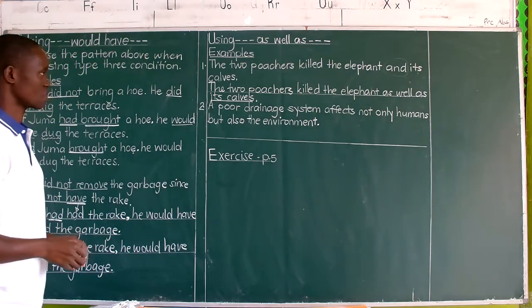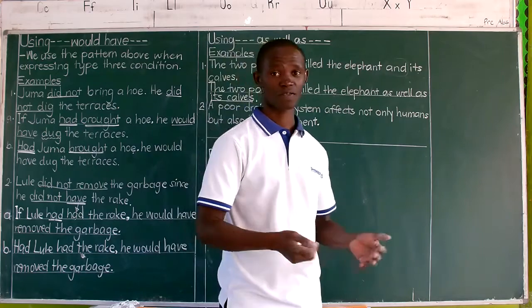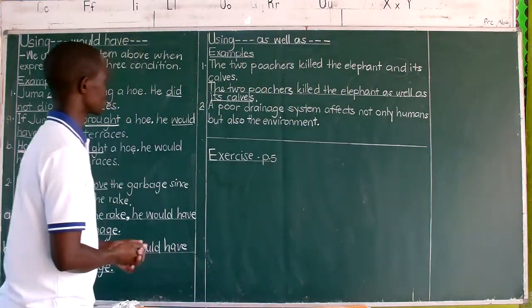The two poachers killed the elephant as well as its young ones, its calves. So that's our answer. Yes, so as easy as that.